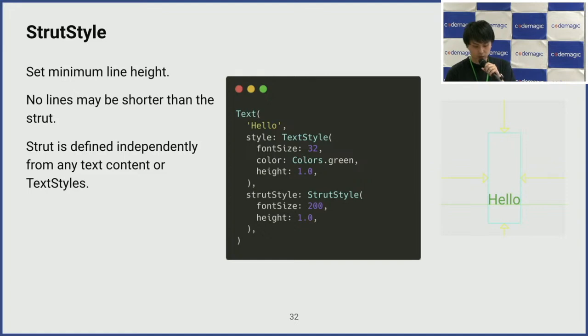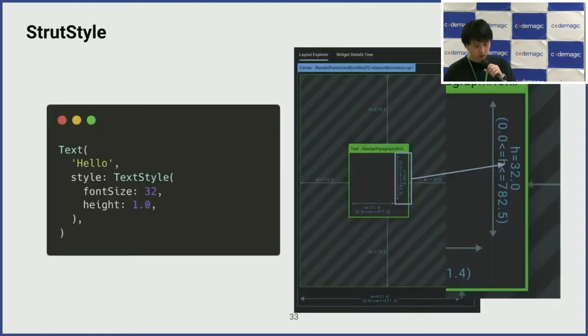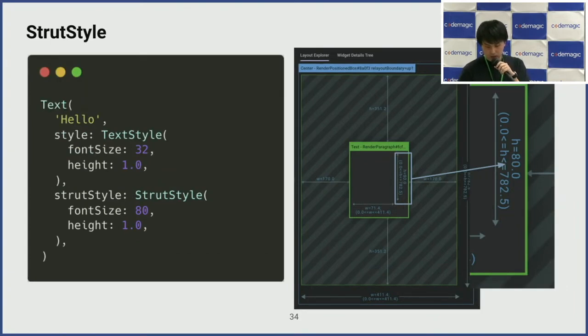It's only used for vertical layout metrics, which are defined independently of TextStyle. For example, if fontSize is 32 and height is 1.0, the line height will be 32 pixels. If we additionally set fontSize to 80 and height to 1.0 in StrutStyle, the line height will be 80 pixels. In that case, the size of the displayed text will remain at 32. In this way, StrutStyle can be used to adjust the line height without changing the visual appearance.